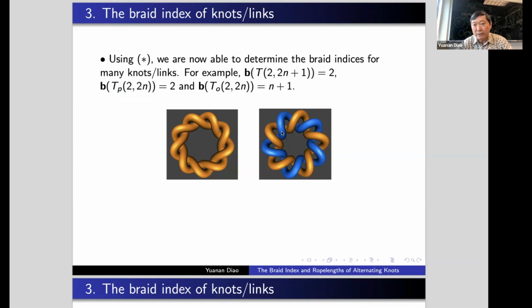But if you give these two components opposite orientations, then their braid index changes quite a bit, right? It's actually n plus 1. Remember, the crossing number for this guy here is 2n. For the 2n plus 1, the crossing number is 2n plus 1, right? So at least in this case, in one orientation, the braid index is actually bigger.